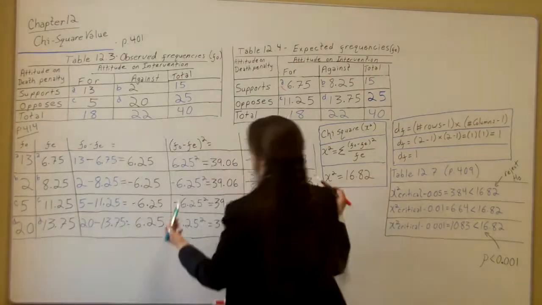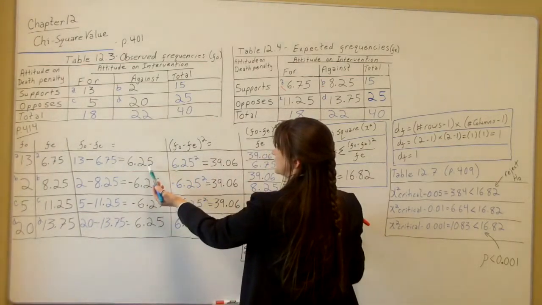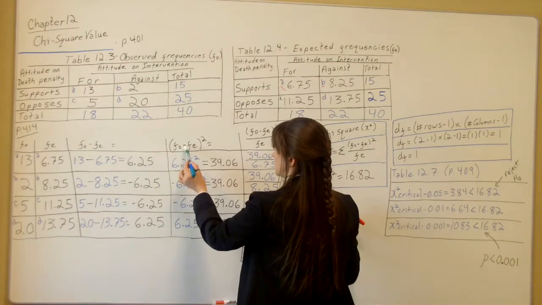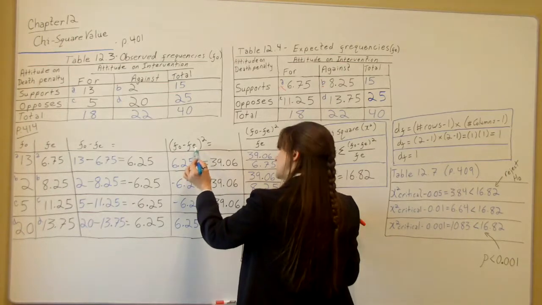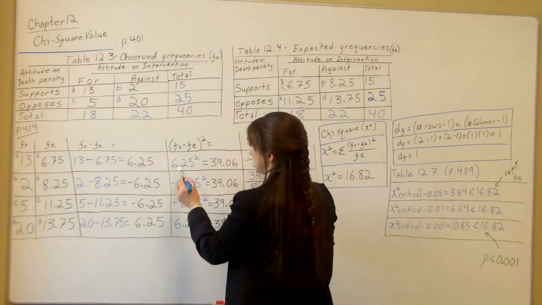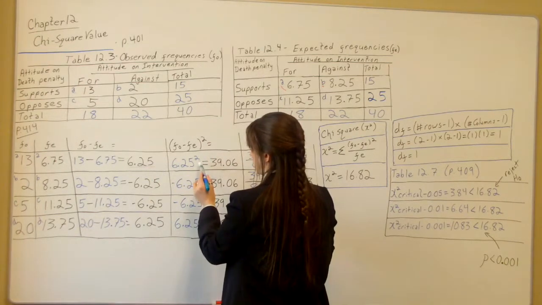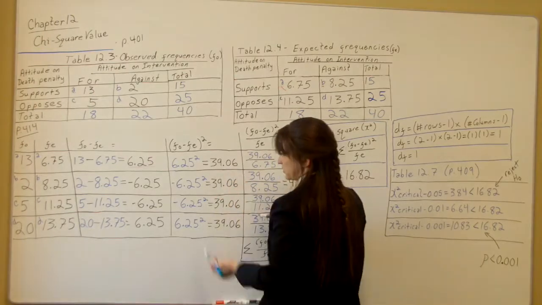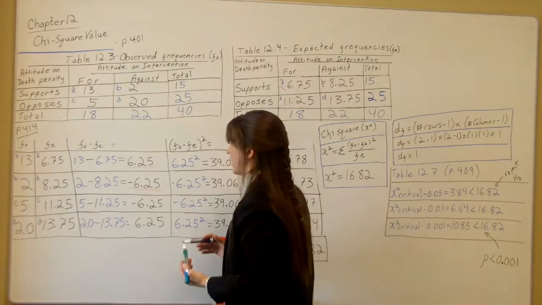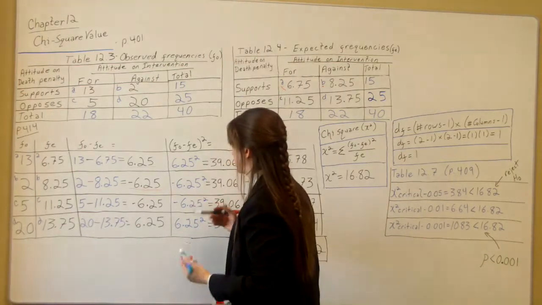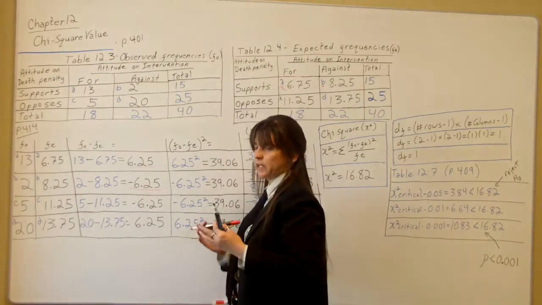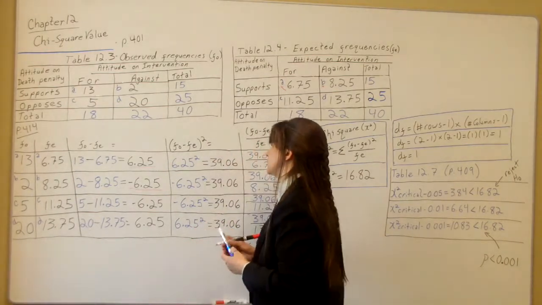Now for the next column, all it's doing is squaring your answer from the previous one, because it's saying your observed frequency minus your expected frequency, squared. So 6.25 times 6.25 equals 39.06. Negative 6.25, if you're using your calculator, will automatically become positive, because when you multiply a negative by a negative, it becomes a positive number.